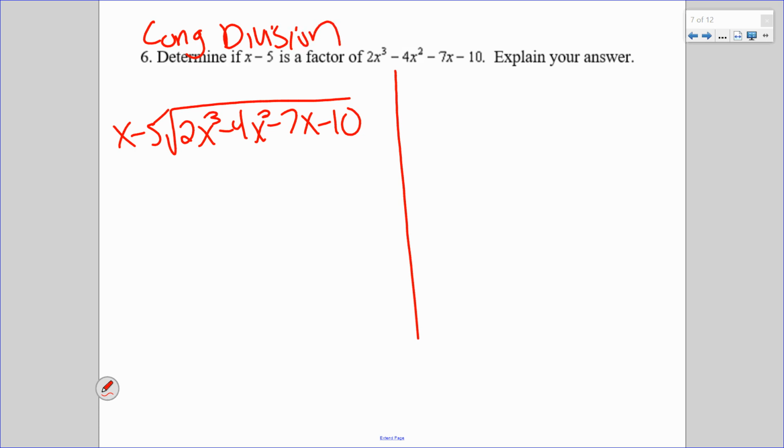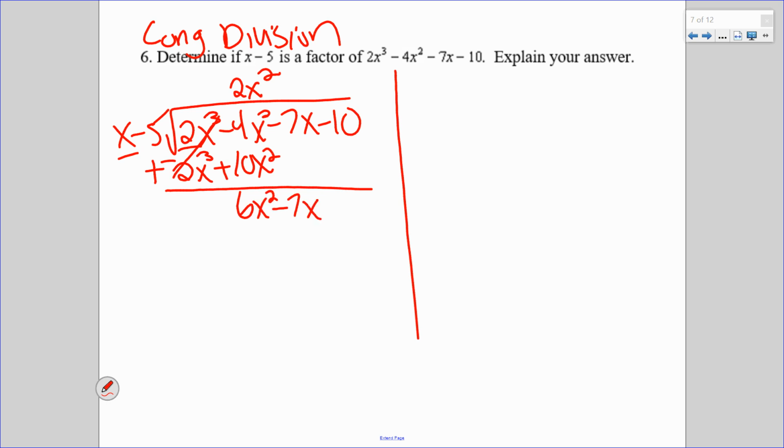All right, let's do this. First divided by the first. 2x to the third divided by x is 2x squared. Multiply: 2x to the third minus 10x squared. Subtract. Keep, change. Cancel. 6x squared. Bring down. Divide. 6x. Multiply: 6x squared minus 30x. Subtract. Keep, change. 23x.